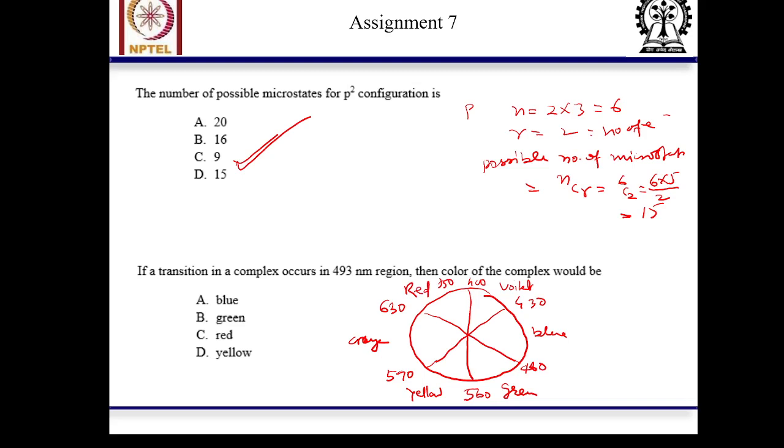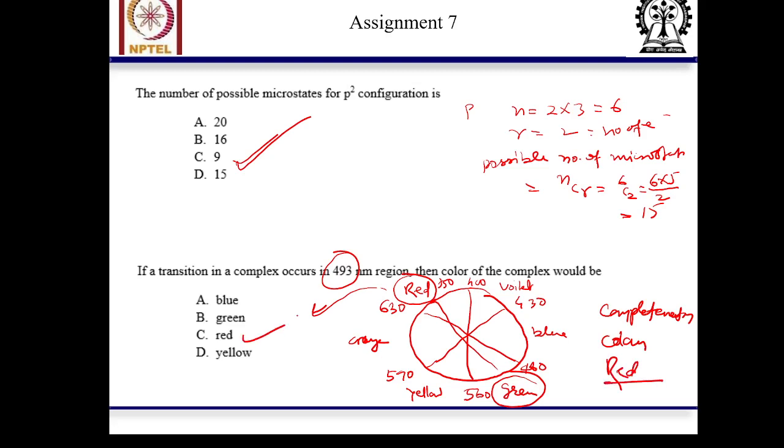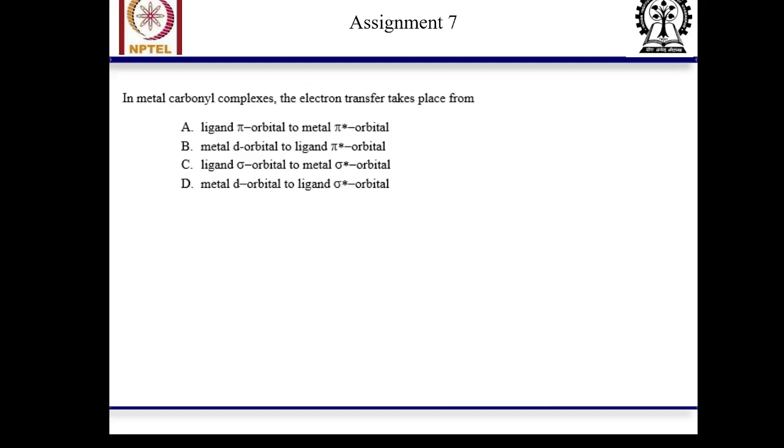Now we know that 493 is falling in the green region, right? So the complementary color, red, will be the color. The complementary color is nothing but red. That is the answer. This is the way you can find out the answer.